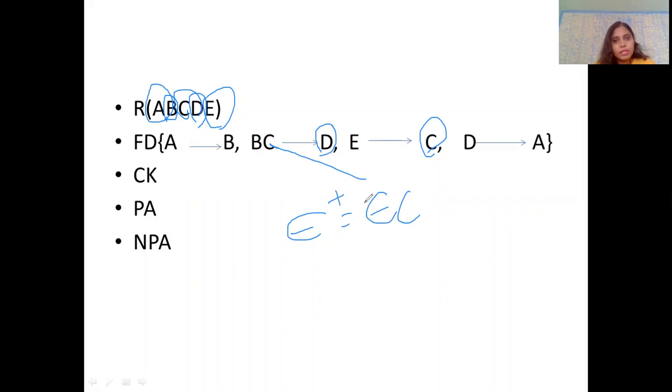This means that E alone cannot determine all other attributes. So along with E, I have to add something so that I can determine all the attributes. A alone cannot determine all the attributes because E is missing in the right hand side.